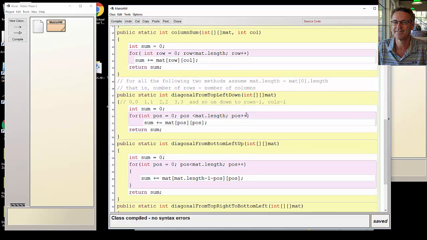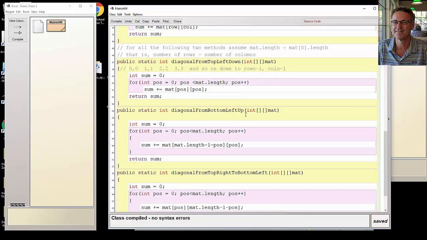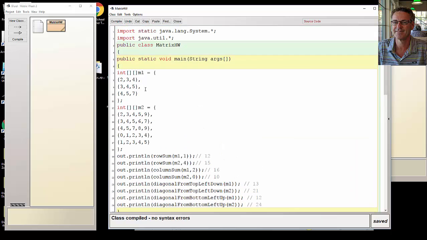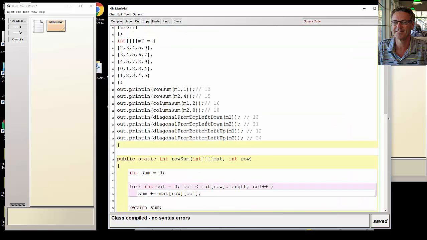And of course, the last time through, POS is 2. And so it's 3 minus 1 is 2 minus 2 is 0. So it's row 0. And here's my 2, row 0, column 2. And so it's the top right position. Okay.